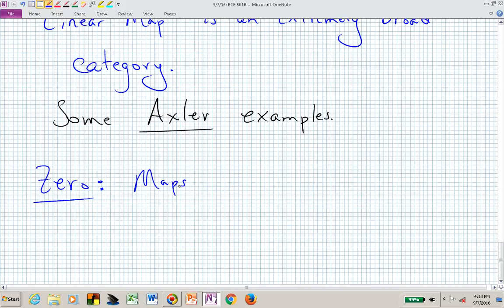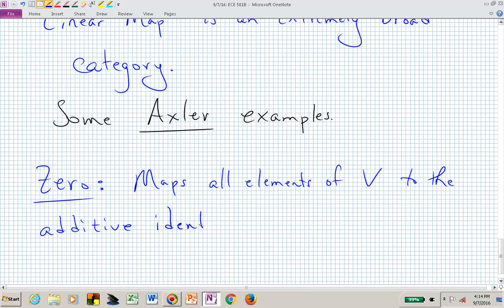This is a linear map that maps all elements of our input vector space, V, to the additive identity in our output space W.